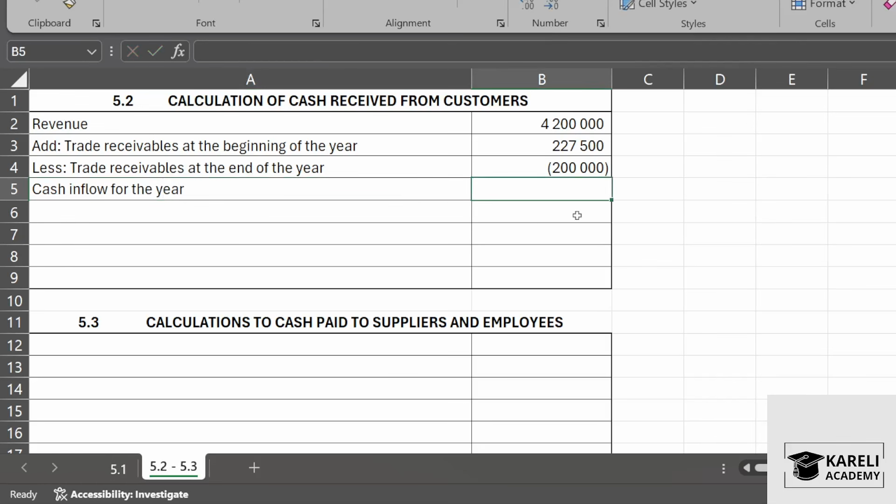How much will it be? You're going to say on your calculator 4,200,000 plus 227,500 minus 200,000.